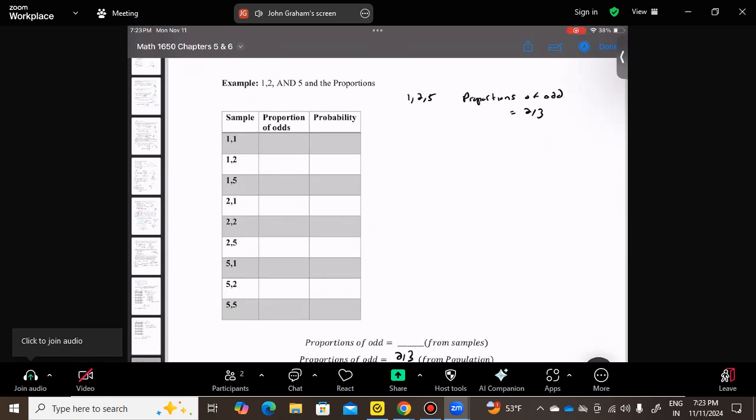So let's look at the proportion of odds for each of these. So 1 and 1 is 2/2. 1 and 2 is 1/2. 1 and 5 is 2/2. 2 and 1 is 1/2. 2 and 2 is 0/2. 2 and 5 is 1/2. 5 and 1 is 2/2. 5 and 2 is 1/2. 5 and 5 is 2/2. And each of these has a 1 in 9 chance of happening.